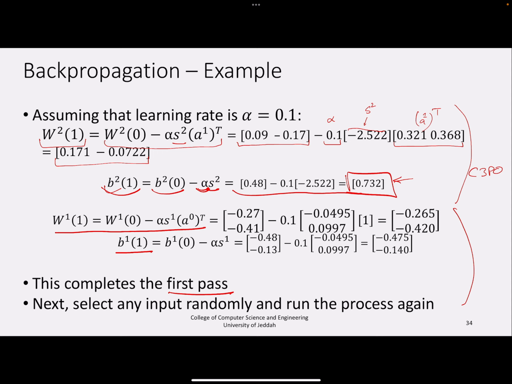If you were to continue this process, you would now apply another input, another one of the possible input values for P, so basically other values in the range -2 to 2, and repeat the whole thing again many times until the error you're seeing in the output becomes acceptably small for you.